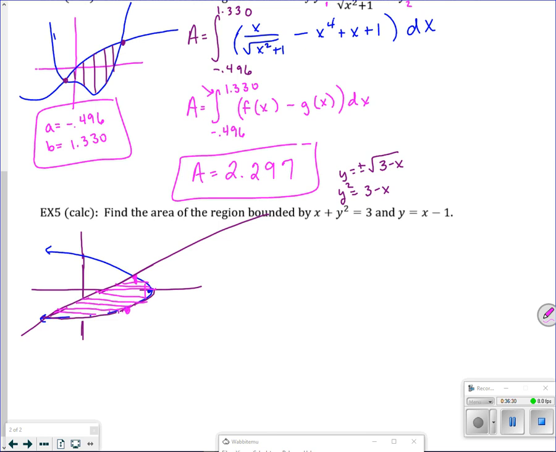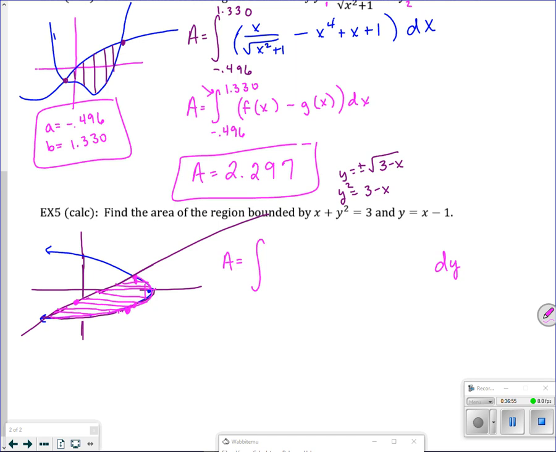Because ask yourself, is the right and the left of all those horizontal lines the same? Yeah, you have the same curve on the right and you have the same curve on the left. So you might choose to say, you know what, I want to do this with dy. I want to get the area in terms of dy.